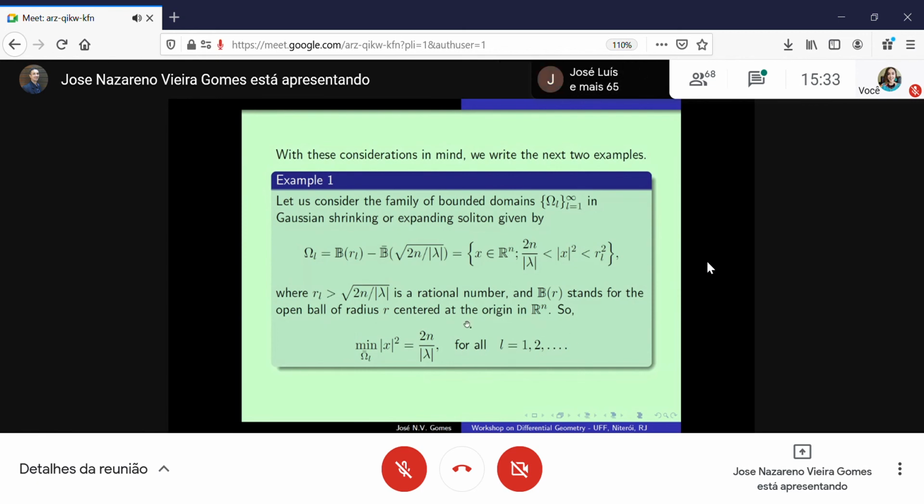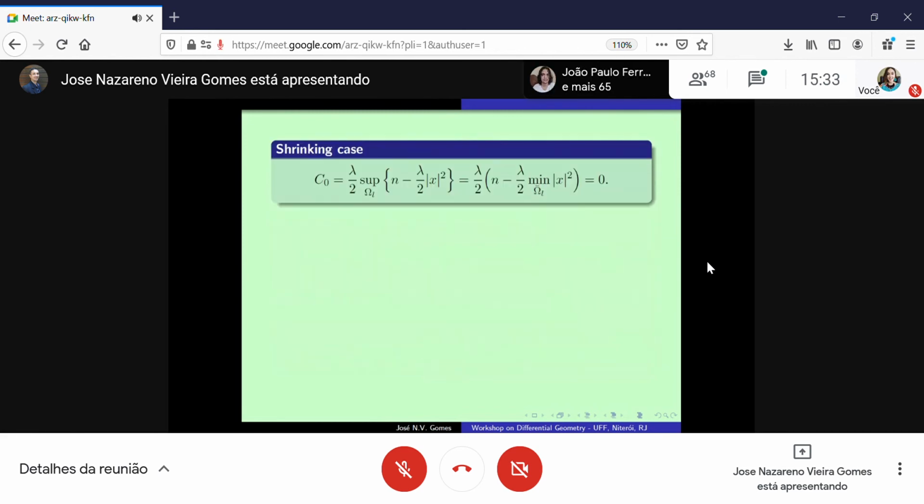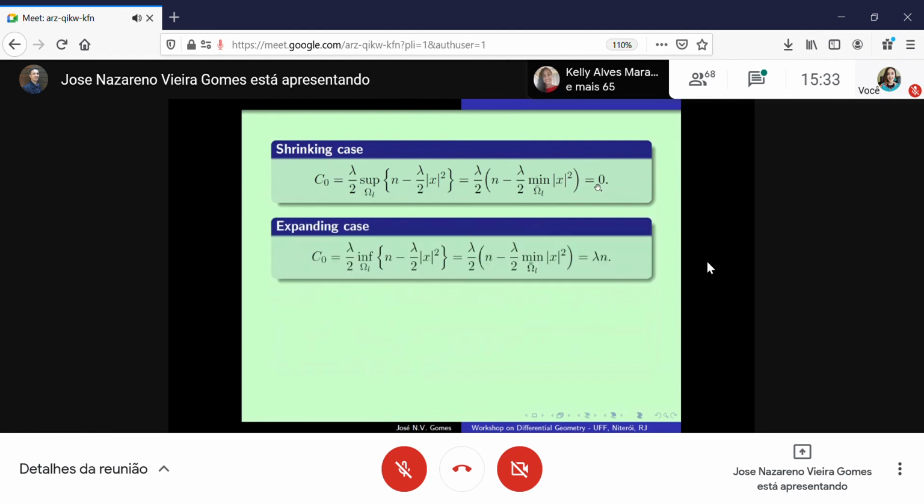So we have this equation. For the shrinking case, we have C0 equal to 0, and for the expanding case, C0 is equal to lambda n.